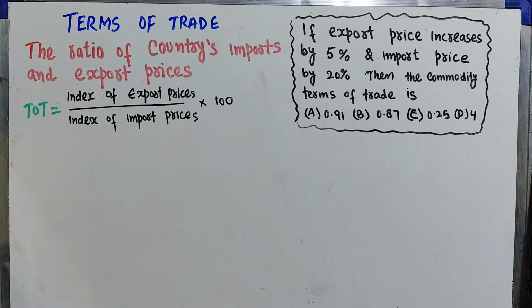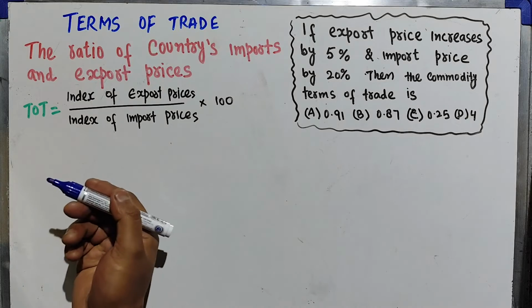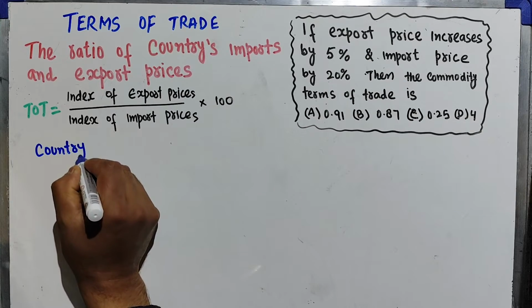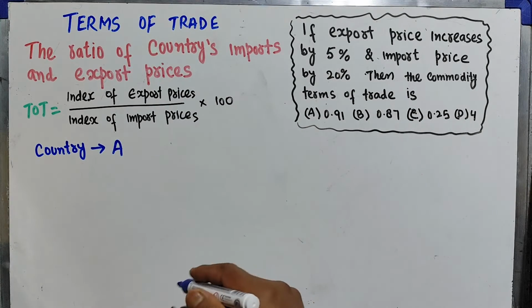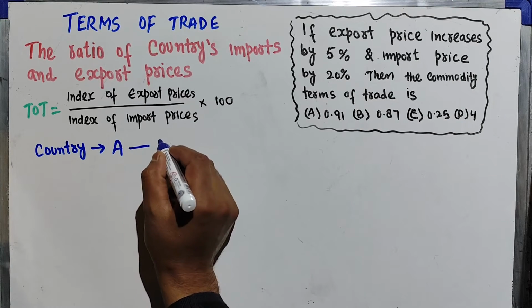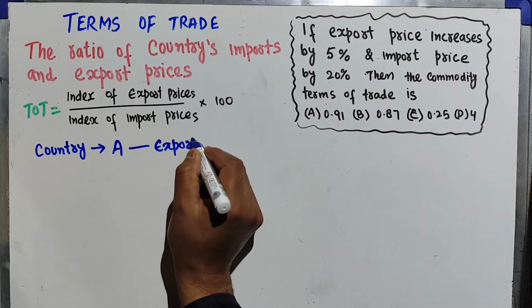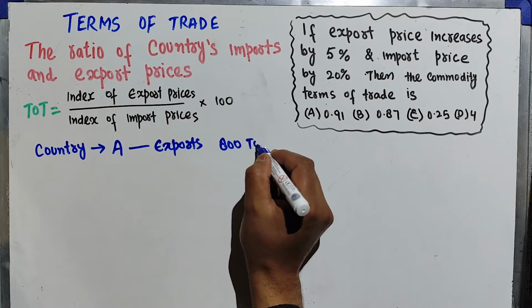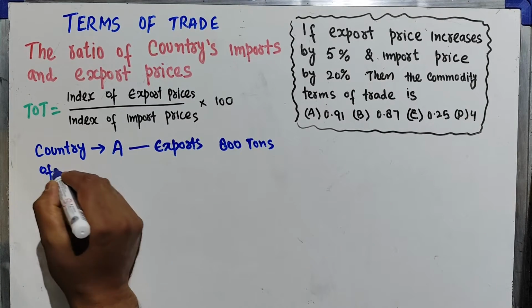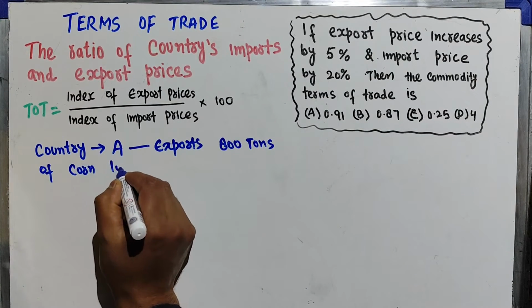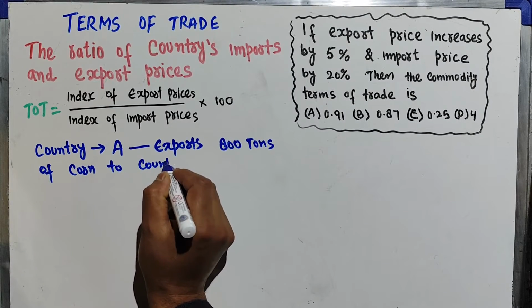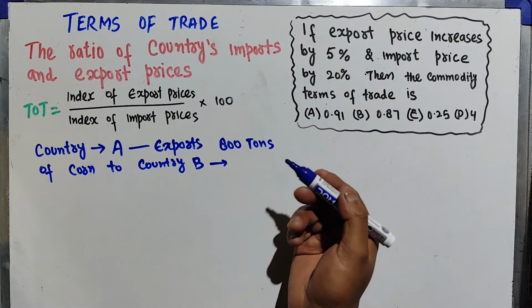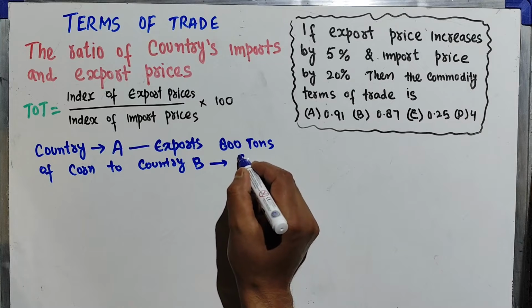Now how do I explain it? Let us suppose we have a country, country A. Let us say it exports 800 tons of corn to country B, and let us further assume that the price of corn per ton is $1.